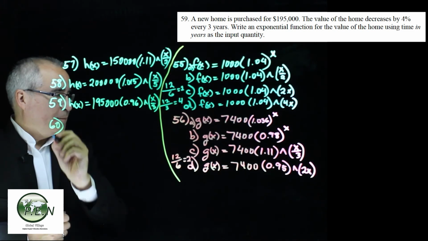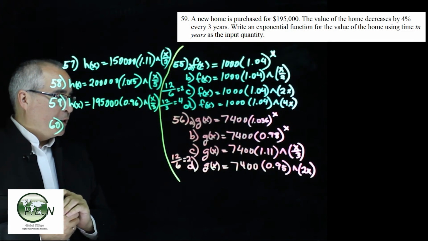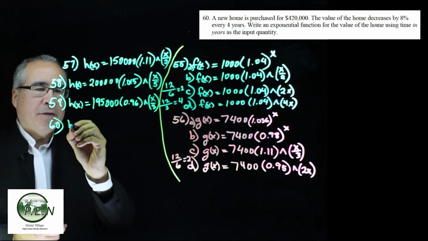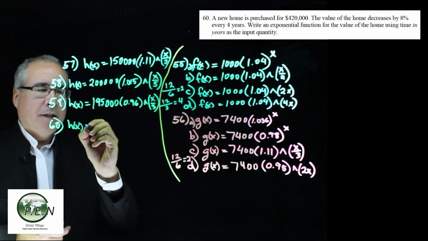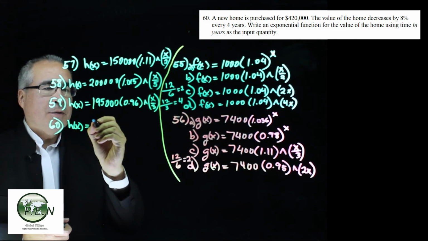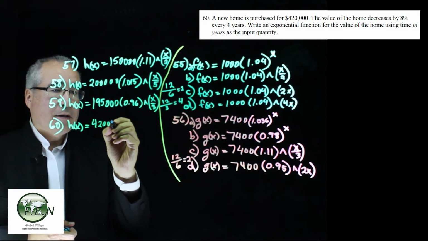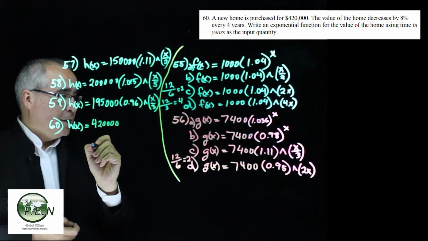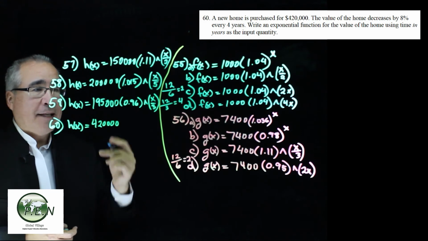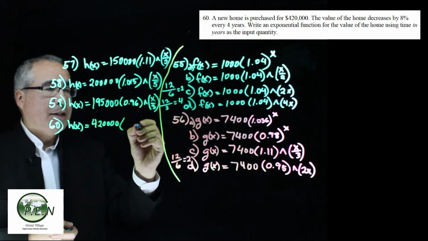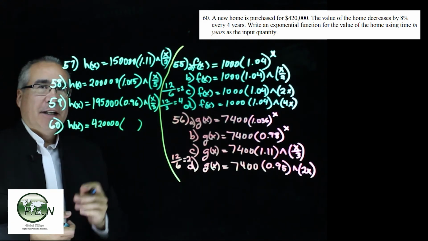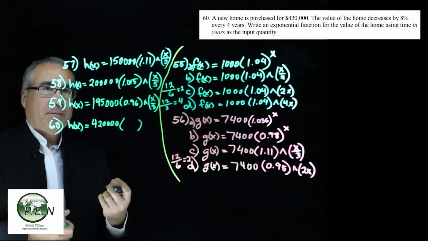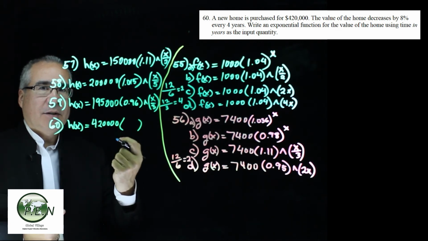Finally, 60. What we're going to take a look at, we've got another house that we bought, $420,000 starting value. We're decreasing by 8%. Ooh, that hurts. 100 minus 8 is 92.